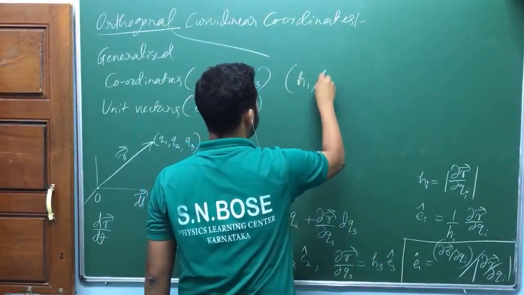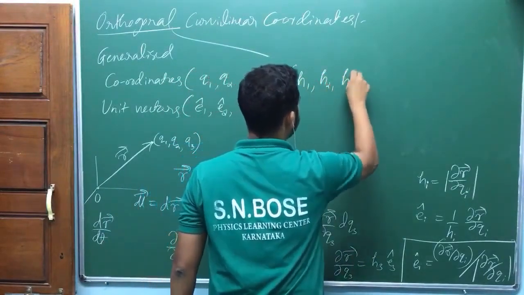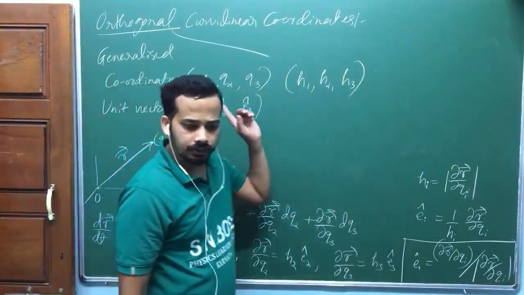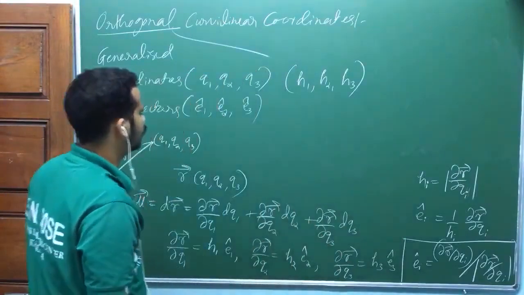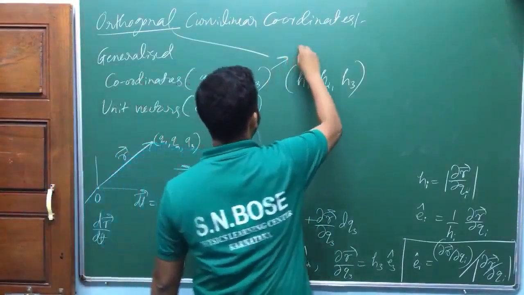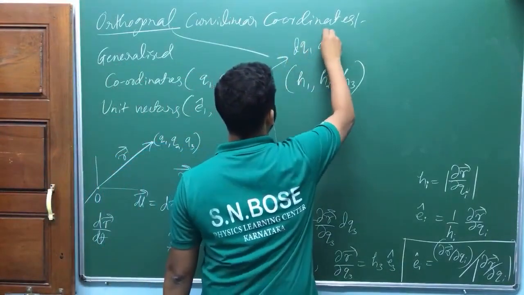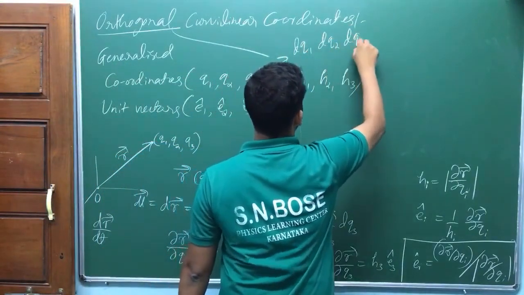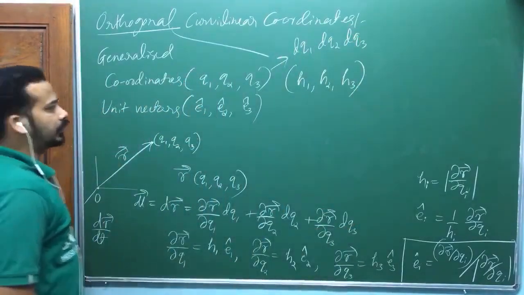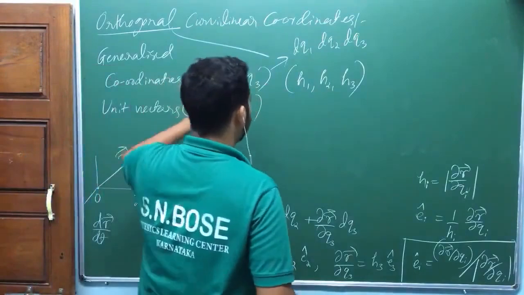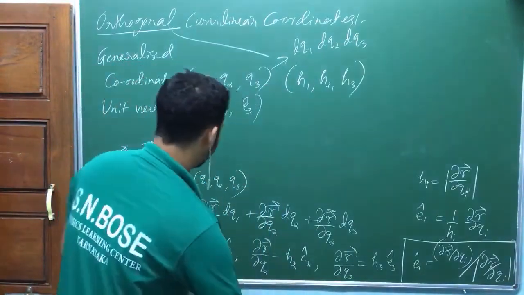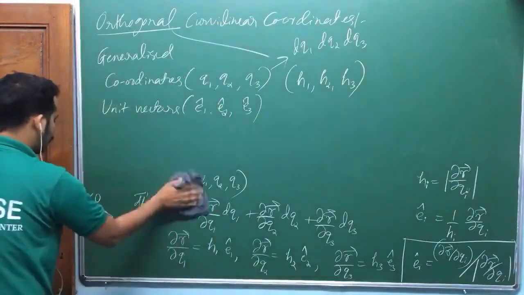We have to define H1, H2, H3 because most of your divergence, curl, gradient and Laplacian can be written using them. And Q1, Q2, Q3 define dQ1, dQ2, dQ3, their respective differentials. The H1, H2, H3 with respect to a particular coordinate system are also very important. Now let me go for Cartesian coordinates.